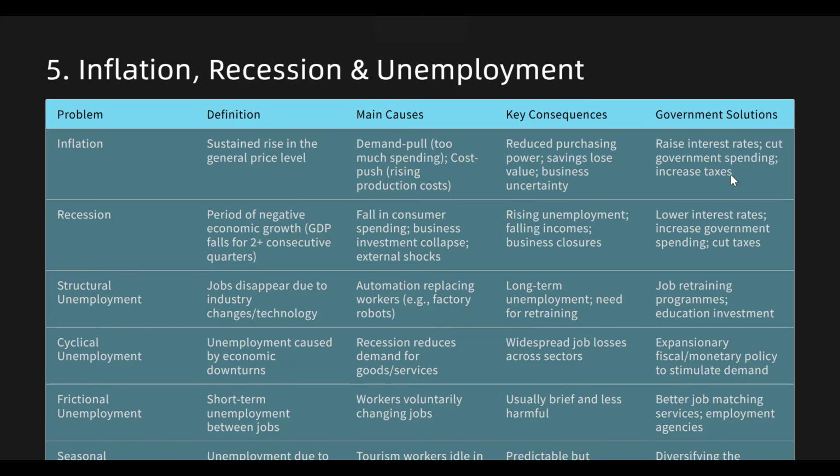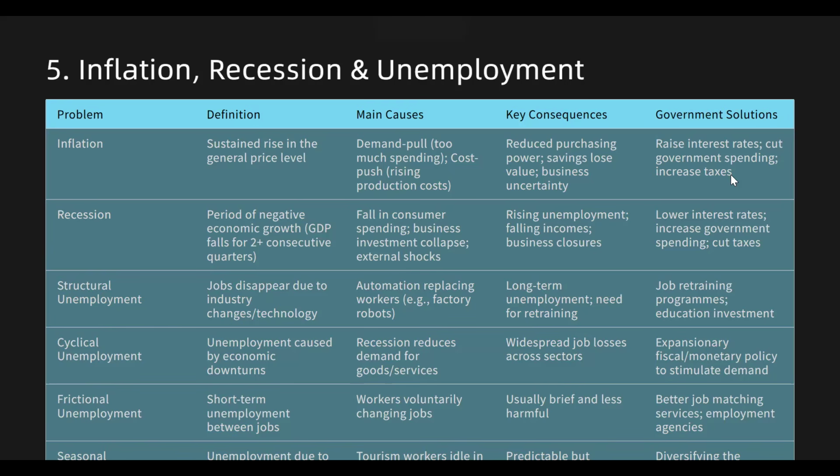Alright, so whenever there's a recession, it means there's a period of economic decline. So there's not enough spending going on. People making less money. People are going to be losing their jobs. They're going to have less income and stuff like that, right? So to fix that, we need people to spend more. In order to get people to spend more, we lower interest rates.